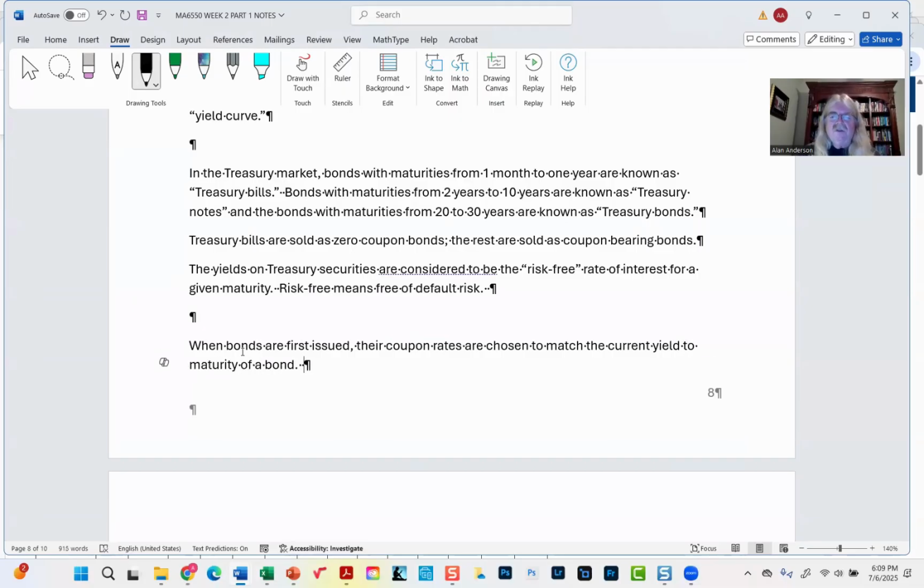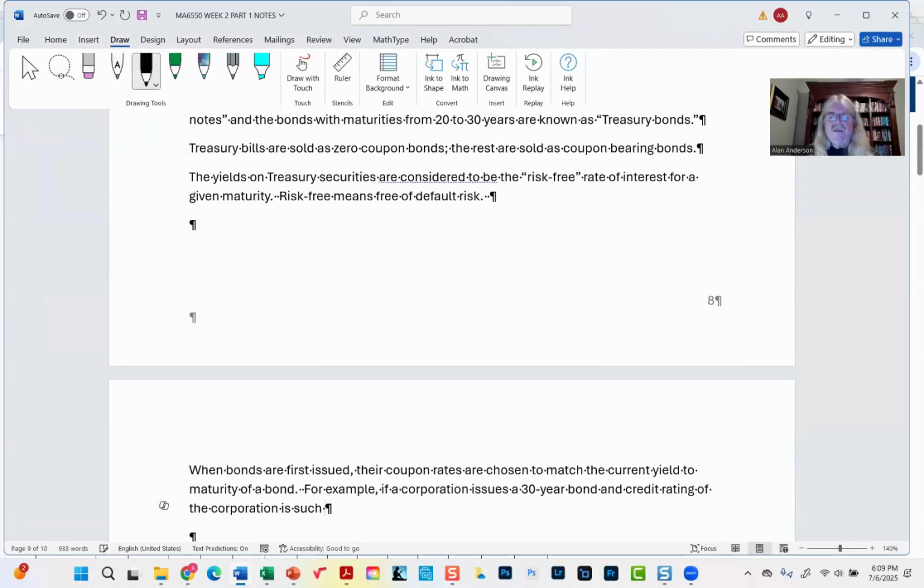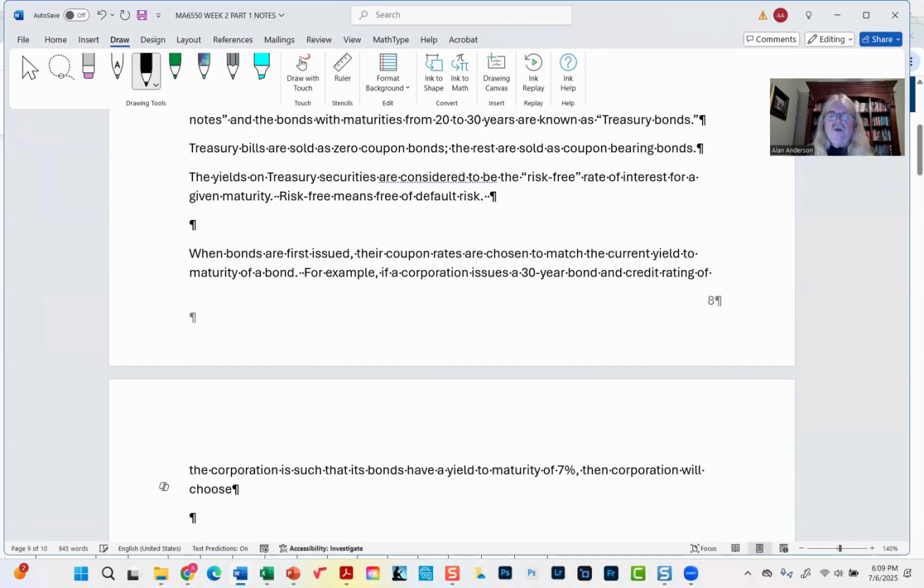So, in other words, for example, if a corporation issues a 30-year bond and the credit rating of the corporation is such that its bonds have a yield to maturity of 7%, the corporation will choose a coupon rate of 7%.